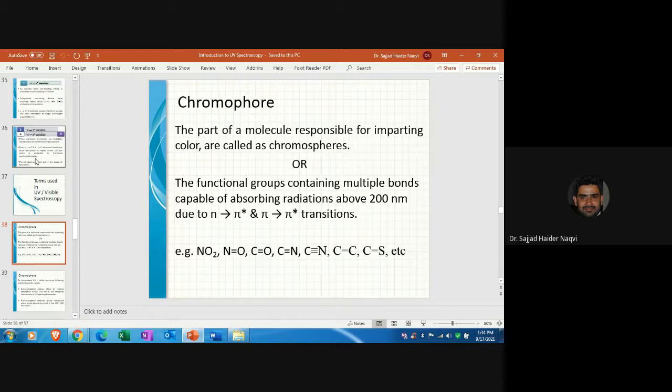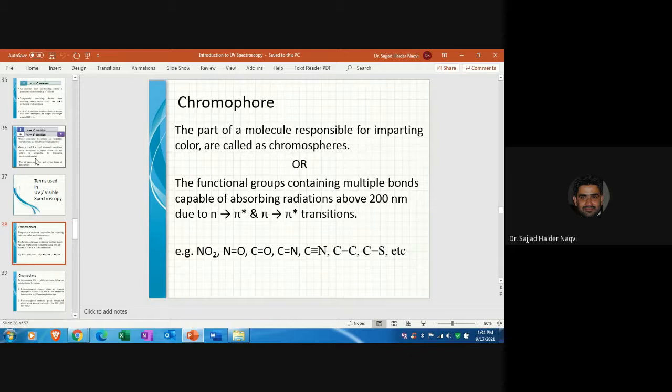Or, in other words, any functional group which contains multiple bonds, and because of that nature is capable of absorbing radiations above 200 nanometer, and they will do the transition from either non-bonding to pi star or from pi to pi star.